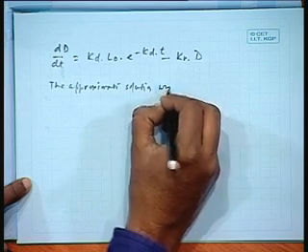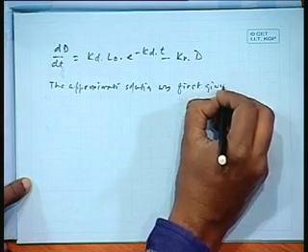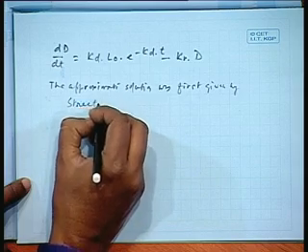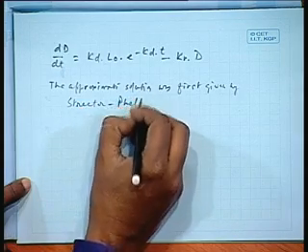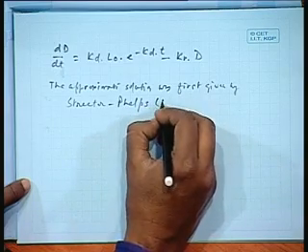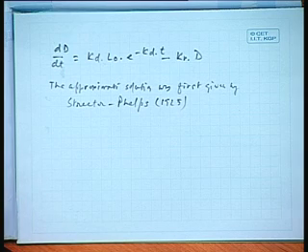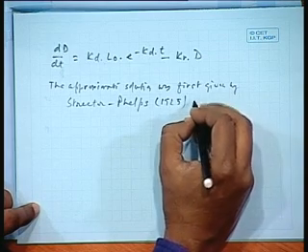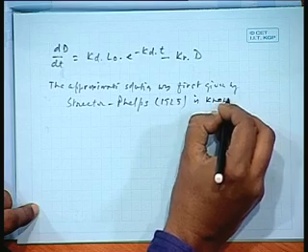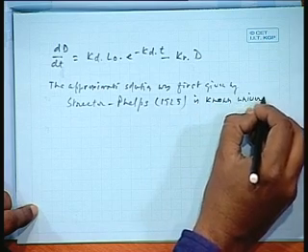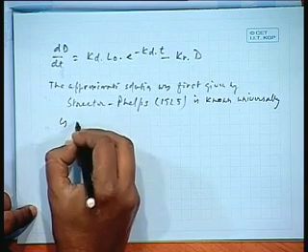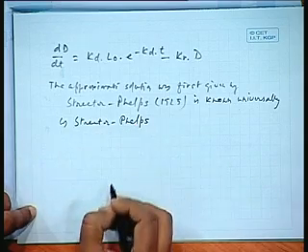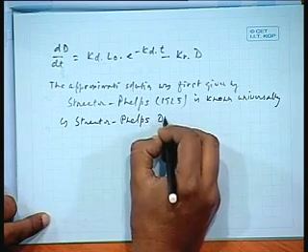The approximate solution was first given by Streeter and Phelps in 1925, and is known universally as the Streeter-Phelps oxygen sag equation.